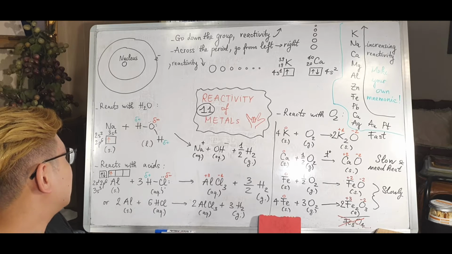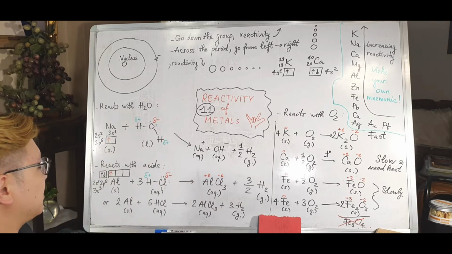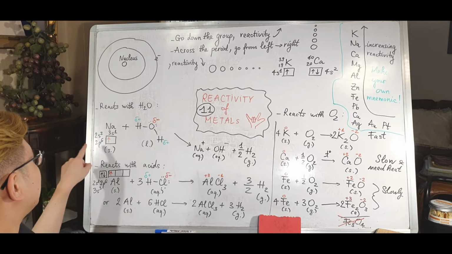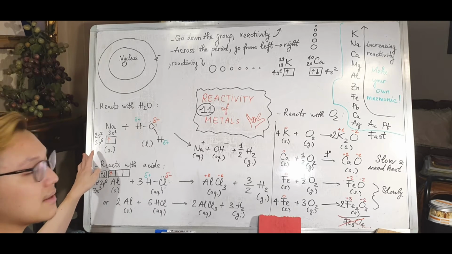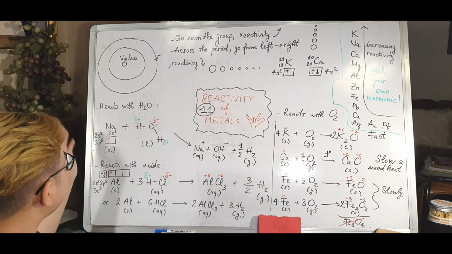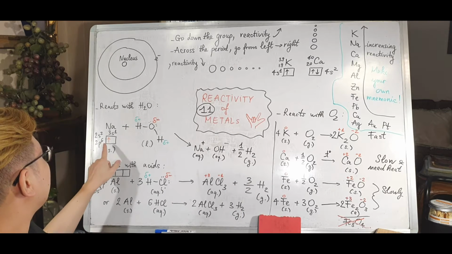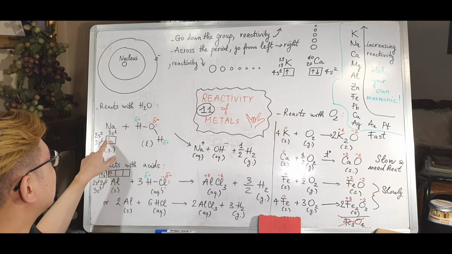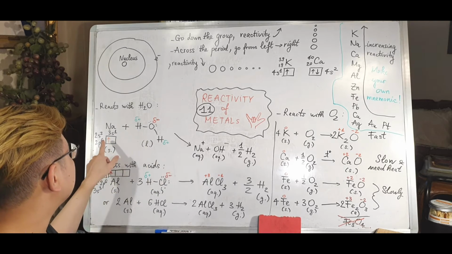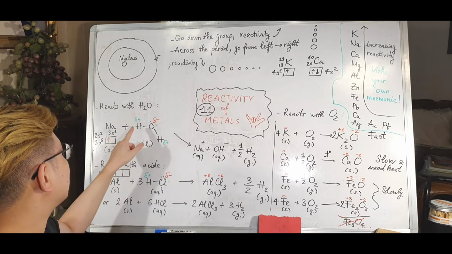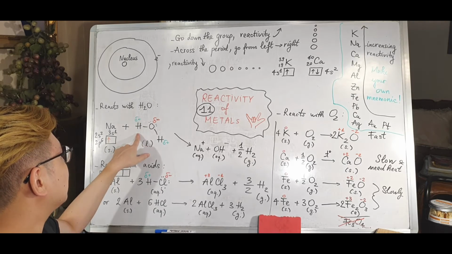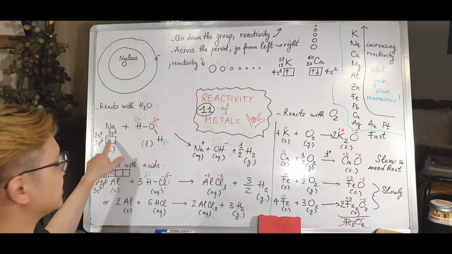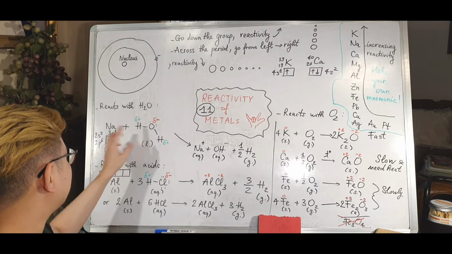Well, that's about water. Let me try to explain this reaction a little bit. As the reaction proceeds, when you put the sodium into water, the electron of the outermost shell of sodium will be attracted to the hydrogen, which is positive. Electron is negative, this one is positive, so it attracts.